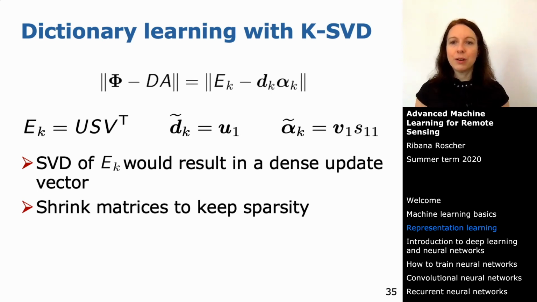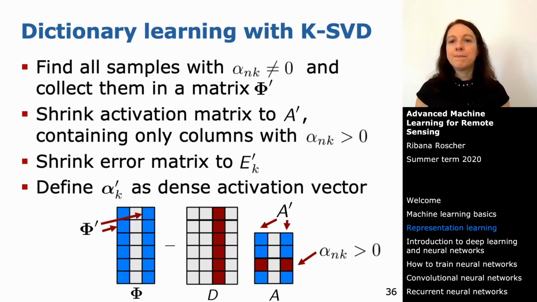And how can you do this? First of all, we still have a look at one element, the kth element indicated in red. Then you find all samples where the activations are non-zero and collect them in a matrix phi prime. So phi prime now contains all the samples which use this dictionary element.